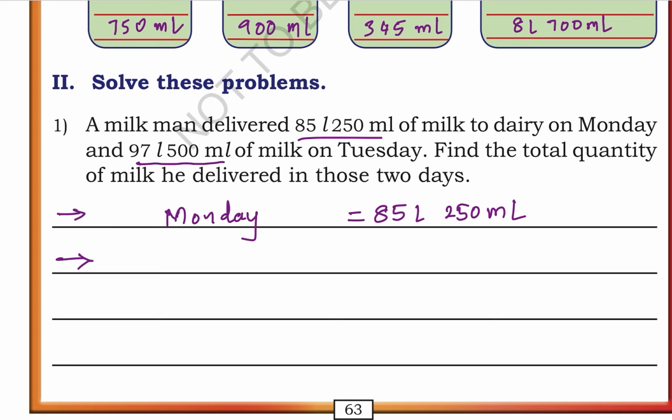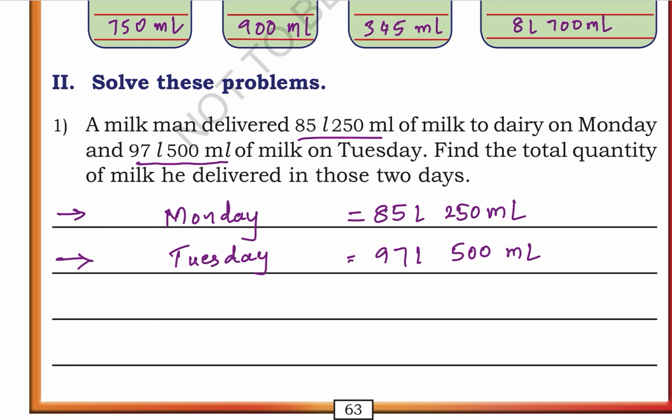And then 97 liter 500 milliliter of milk on Tuesday. How much? 97 liter 500 milliliter. Okay. Then find the total quantity of milk he delivered in those 2 days.